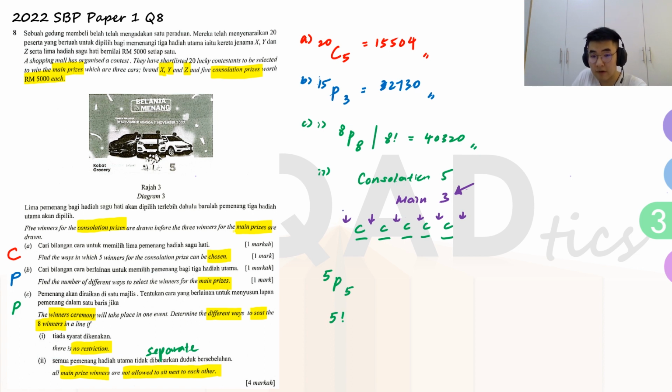For example, the first person can be here, the second person here, the third person here, or the order can be 3, 1, 2, or they can select other places like 1, 2, and 3. So from 6 places, I choose 3 of them to put these 3 contestants. So the answer would be 14400. With that, we have completed today's questions.